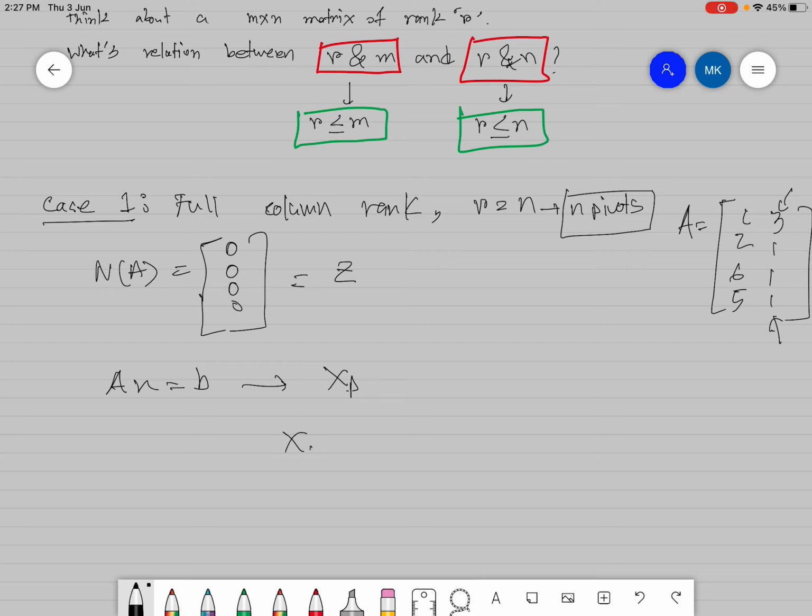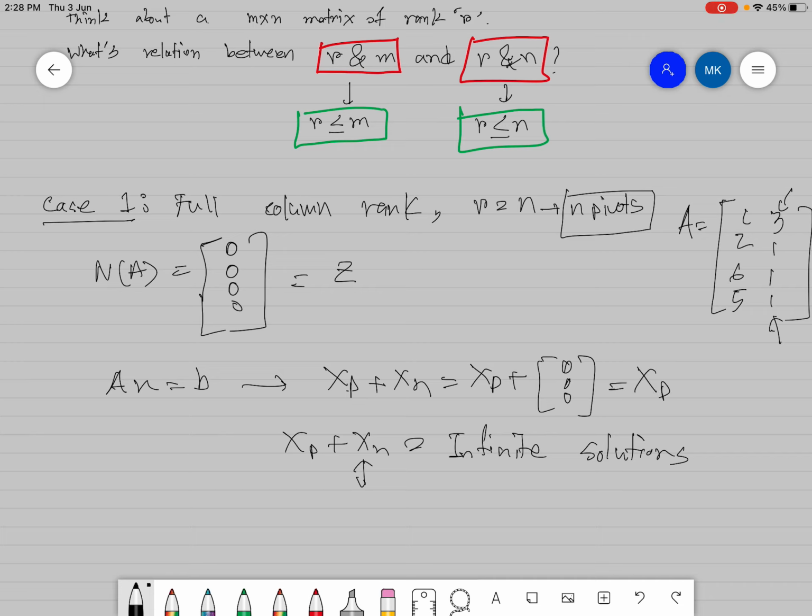If you had xp plus xn, and this null space wasn't empty, it had a subspace, then you will get infinite solutions, right? But in this case the null space is empty, so you'll have only one solution, and that is xp. Okay, so you'll get one unique solution if it exists.